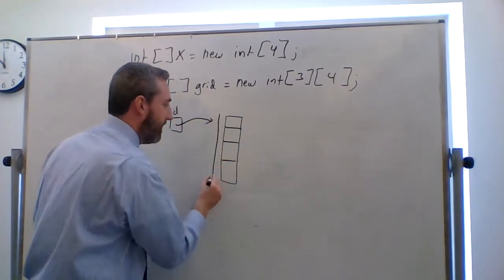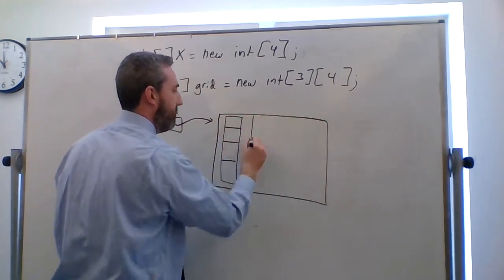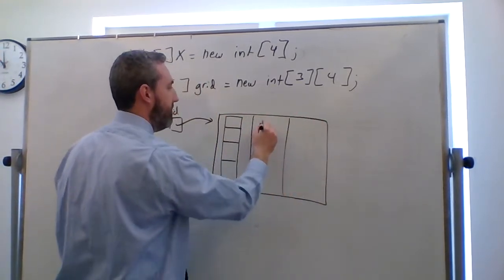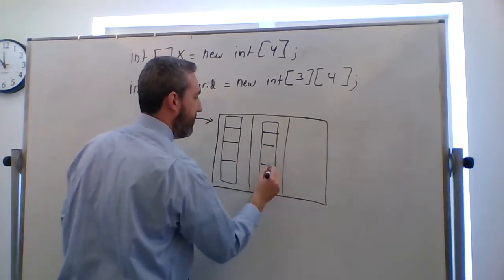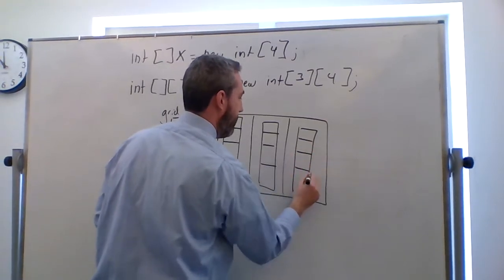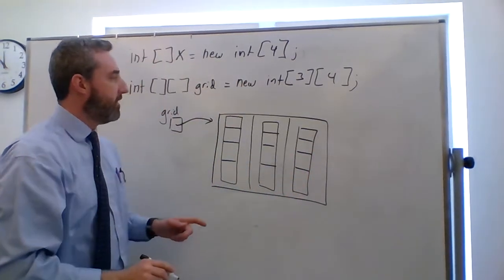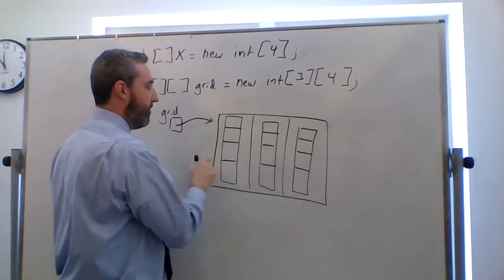So I've actually made myself a horizontal array, 1, 2, 3, with 1, 2, 3, 4, 1, 2, 3, 4. So now I have a grid that has 3 columns and 1, 2, 3, 4 rows.